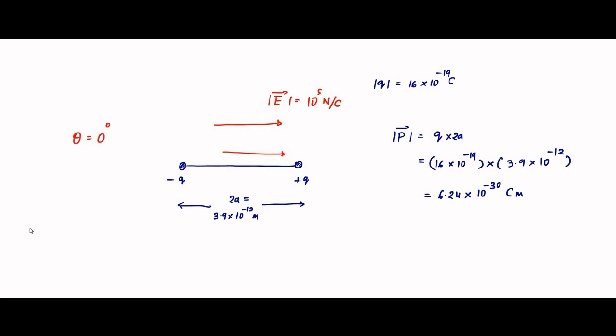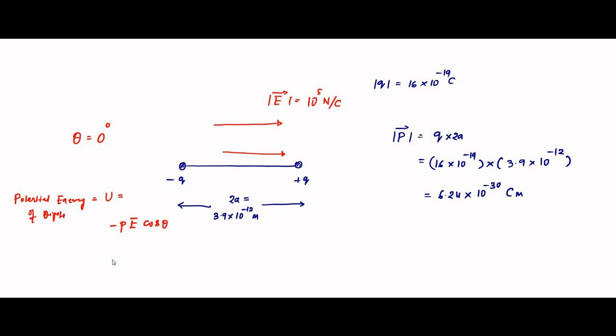And the formula for potential energy of a dipole in electric field is U equal to minus PE cos theta.